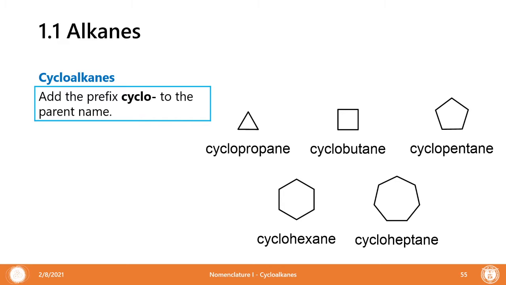So for example, a simple triangle has 3 vertices, and so each vertex is a carbon, and so we have 3 carbon propane. You attach the prefix cyclo, cyclopropane, followed by cyclobutane, 4 carbon, cyclopentane, and cyclohexane.